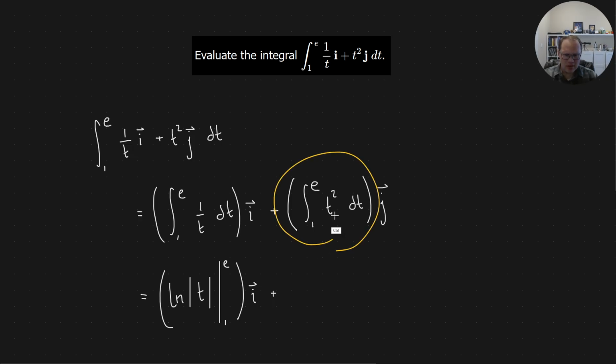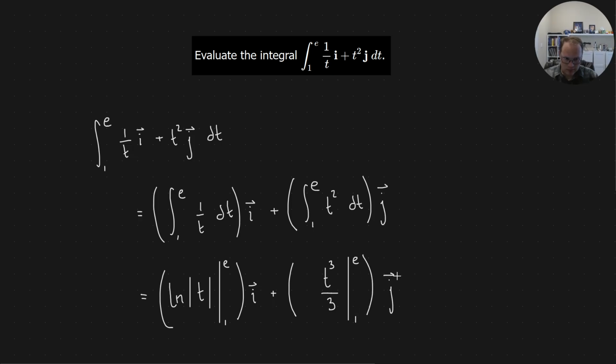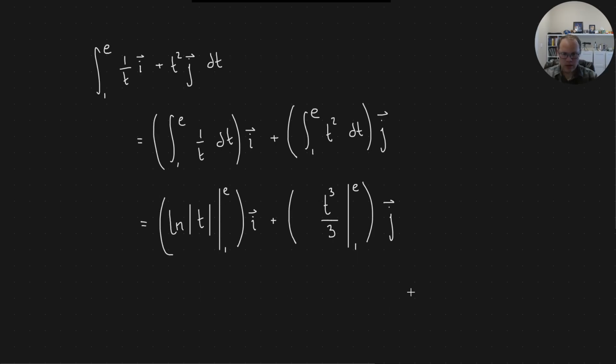Same thing here, this one we will use the power rule. We got t squared, so I'm going to add 1 to the power, divide by my new power, and evaluate that from 1 to e. The antiderivative part of this is done.